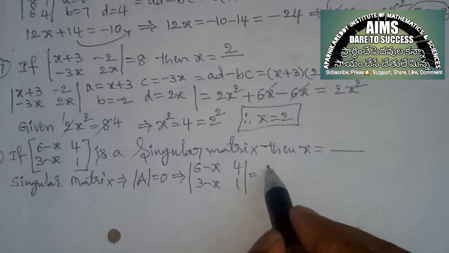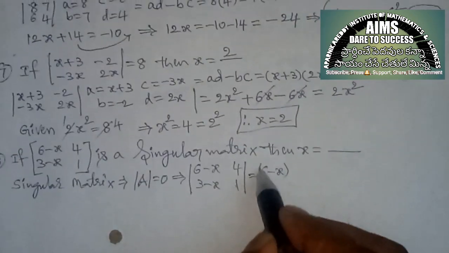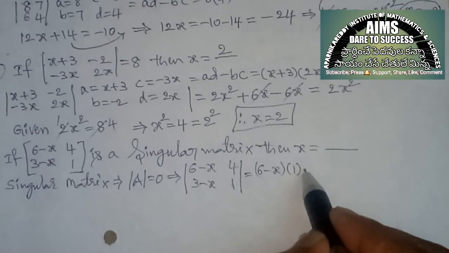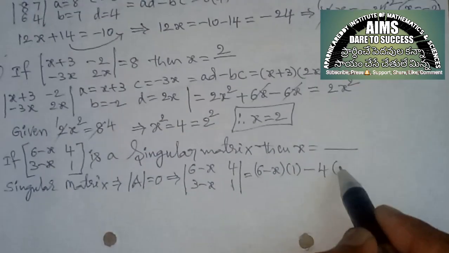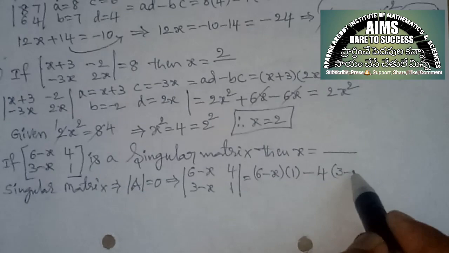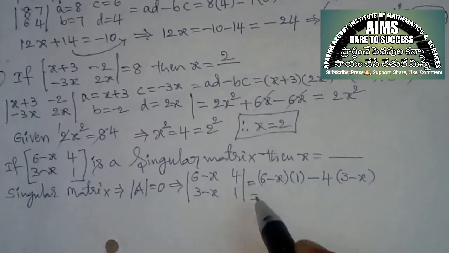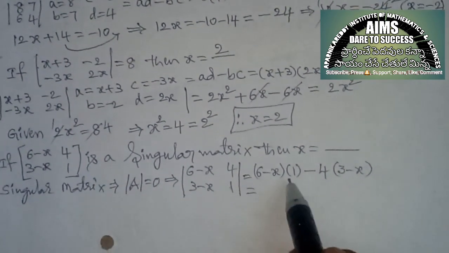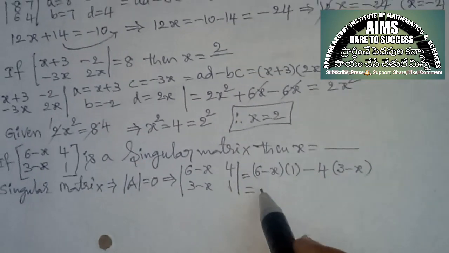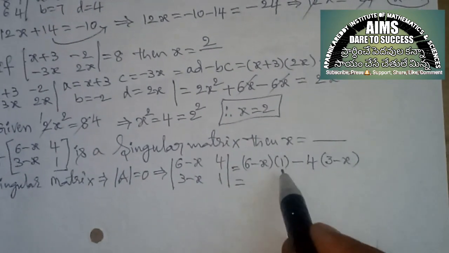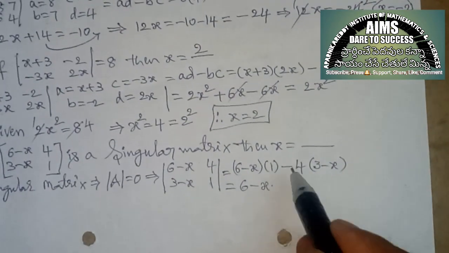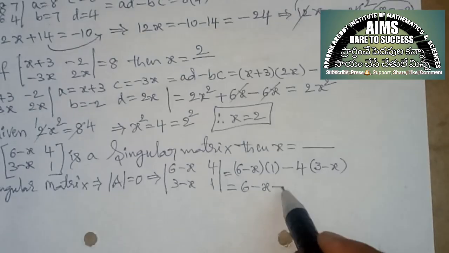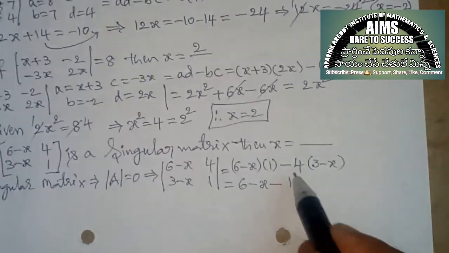these two values you can multiply directly. 6 minus x into 1, after that minus BC, you can write these two values, B value 4, C value 3 minus x. Normal multiplication, 1 multiplied with any number, you get that number, that is 6 minus x into 1 is 6 minus x. After that plus into minus is minus, 4 into 3 is 12.